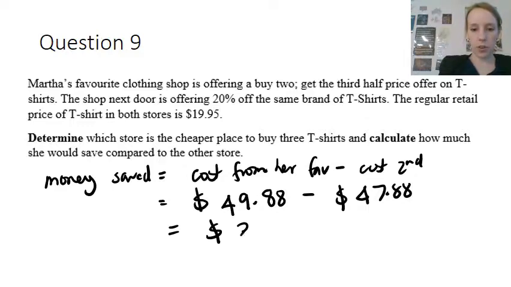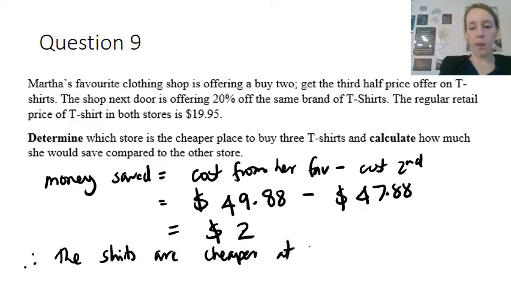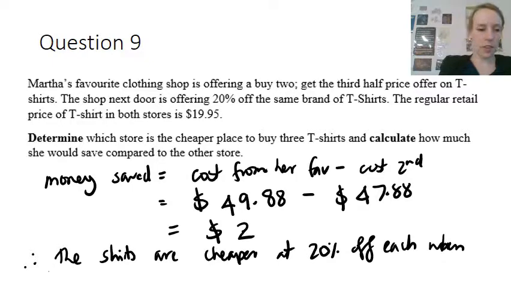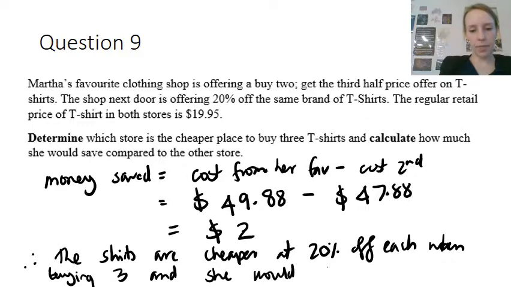So $2. So her favourite store was $2 more expensive. So therefore, the shirts are cheaper at 20% off each when buying 3. And she would save $2. There we go. I got there eventually.